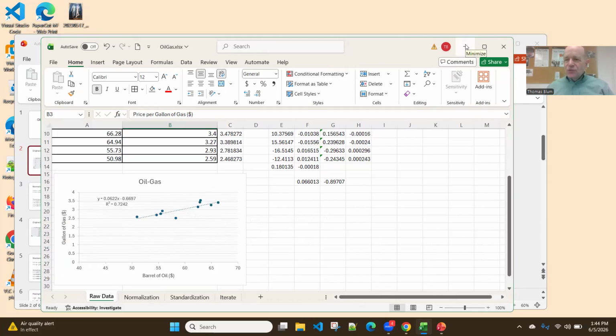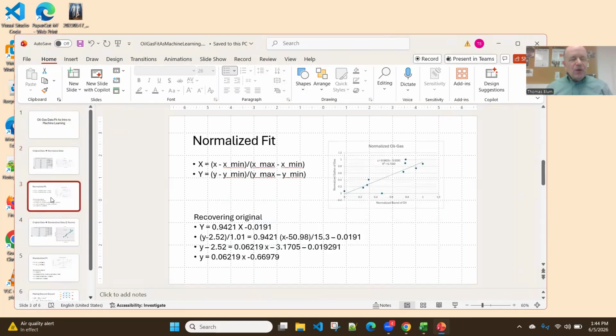So that is a known thing, not really machine learning, but we want to use it as a model and some of the techniques from machine learning to recover this result. Okay. So one of the first things I tell you to do in machine learning is, I'll call it, tame the data.